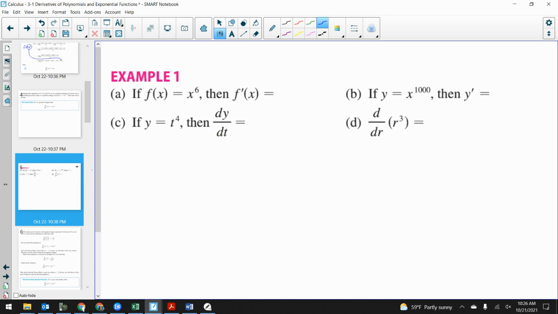If f of x is equal to x to the 6th power, think about the work that you're saving yourself. If I truly wanted to find f prime of x, that would be x plus h to the 6th power minus f of x all over h. I would have to work all of that out.